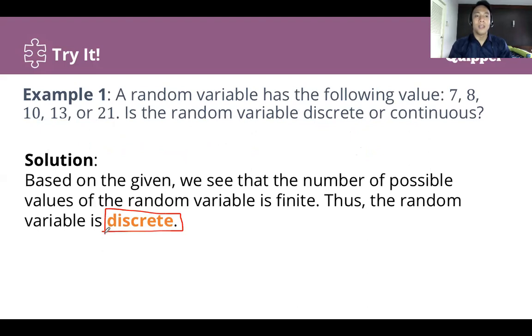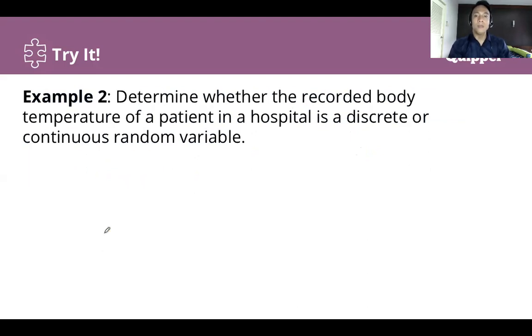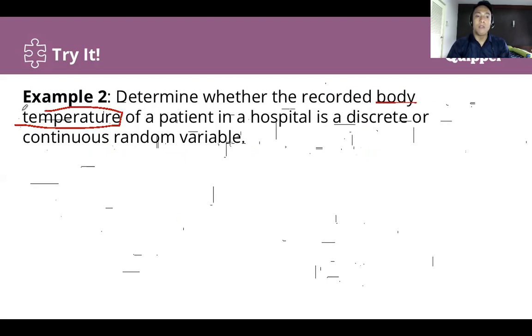Good. Next, number 2. Determine whether the recorded body temperature, so this will be our variable, or main source of variables, body temperature of a patient in a hospital is a discrete or continuous random variable. Body temperature.